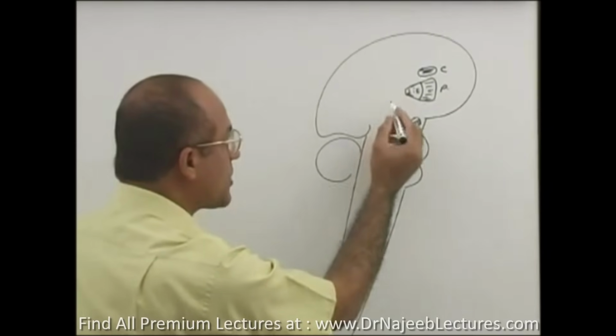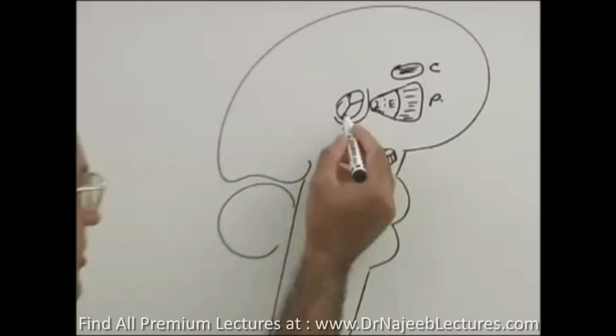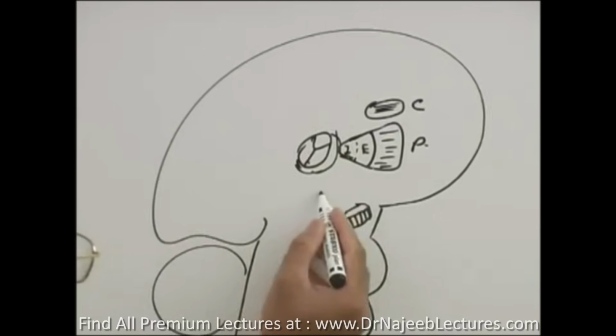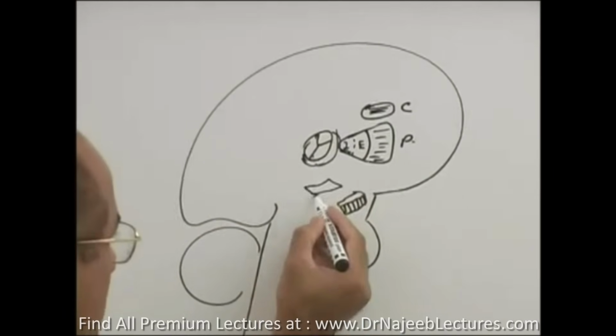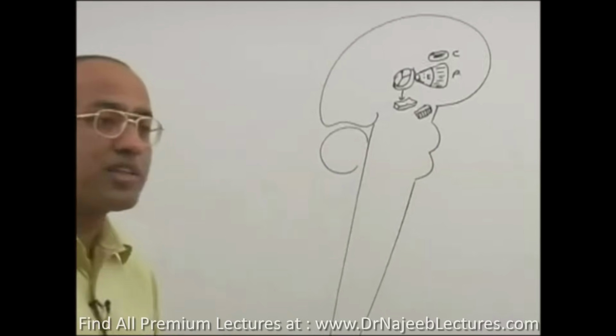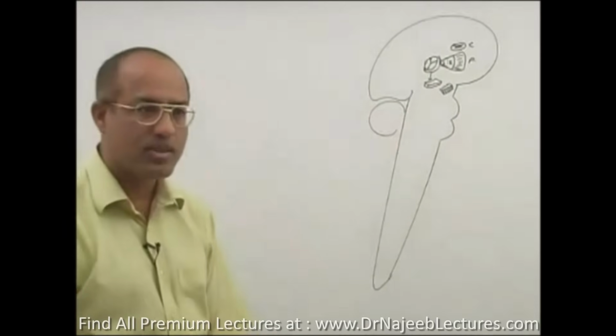And more medially, if you come, you will find that here is the thalamus. And just under the thalamus, there is a nucleus, and of course, because it is under the thalamus, this nucleus is called subthalamus. All these structures are called as a group the basal ganglia.